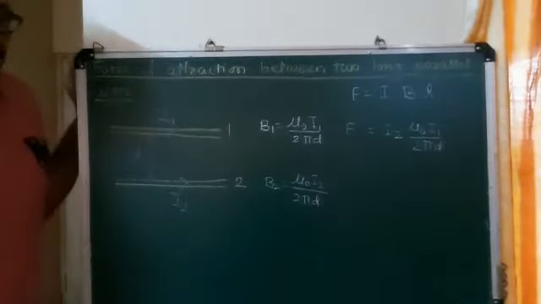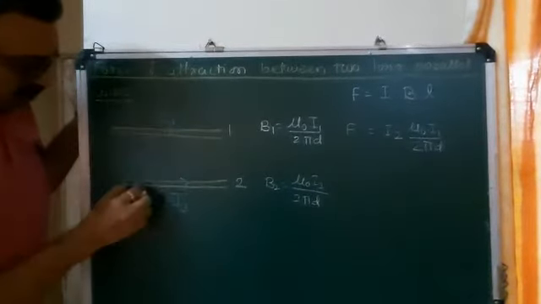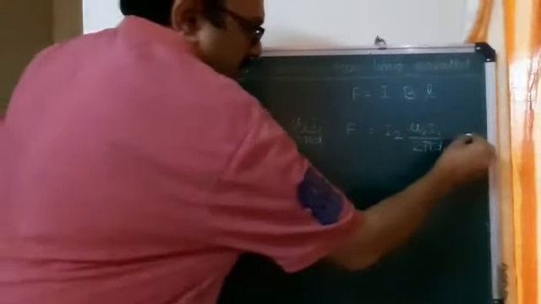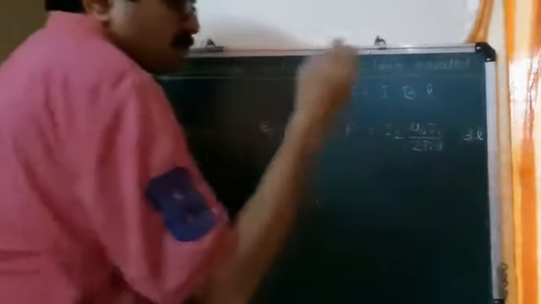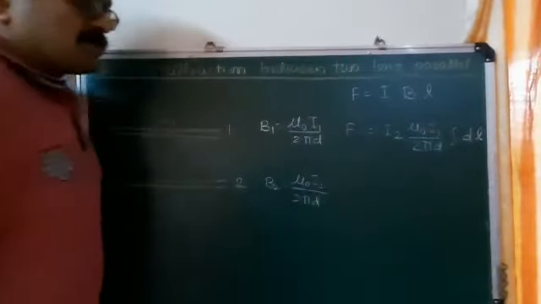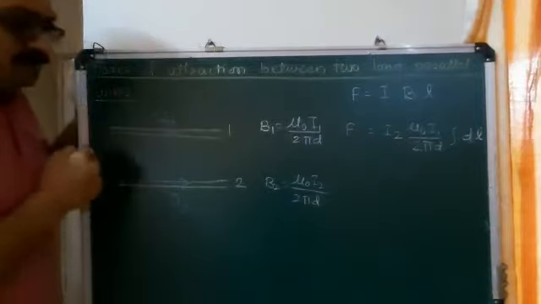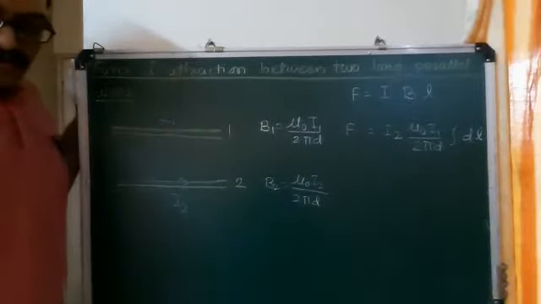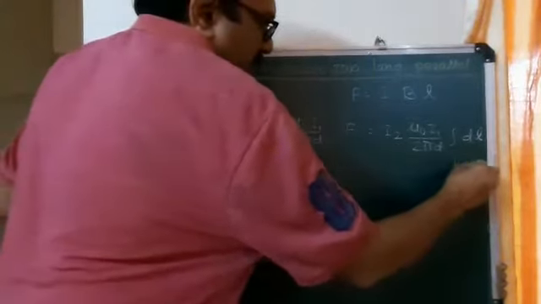Let's consider a smaller part of this wire, dl, the length of the small element. Now integrating this equation, we get the total length of the wire. Call this equation number 1.